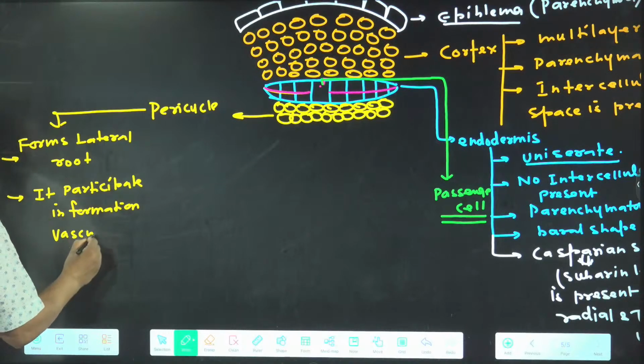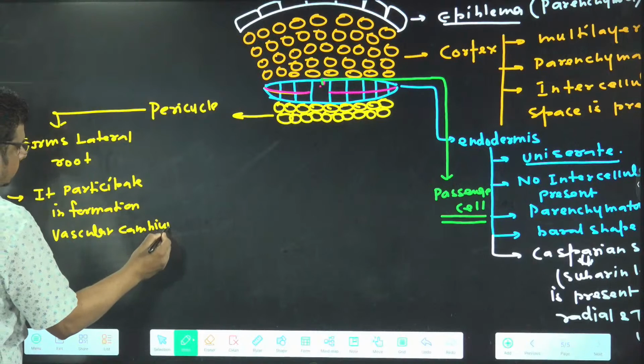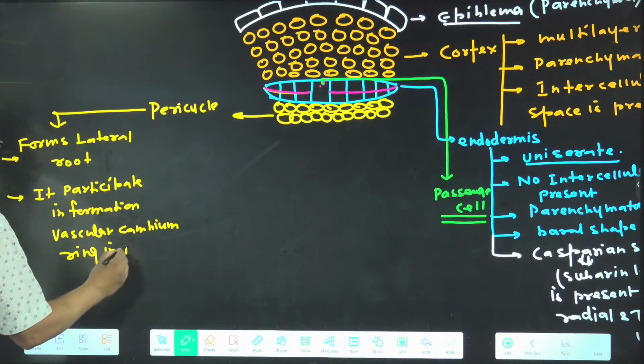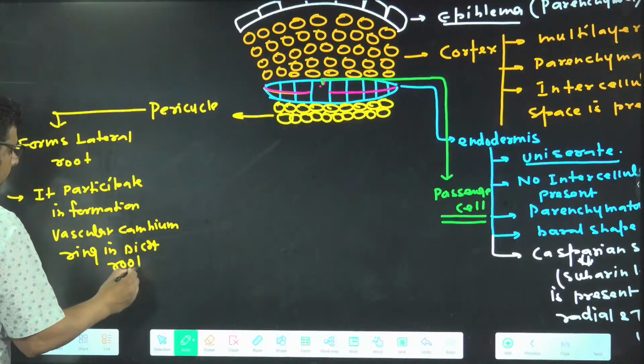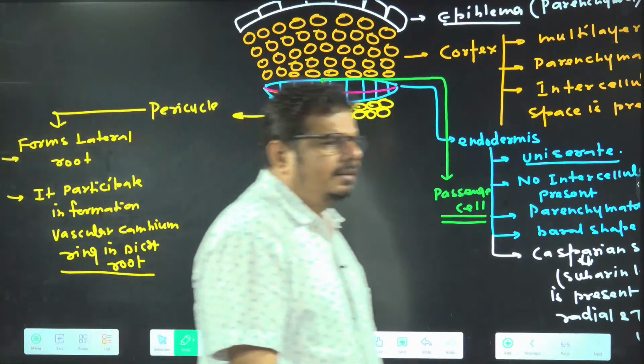Vascular cambium ring in dicot root. So this is the job of the pericycle.